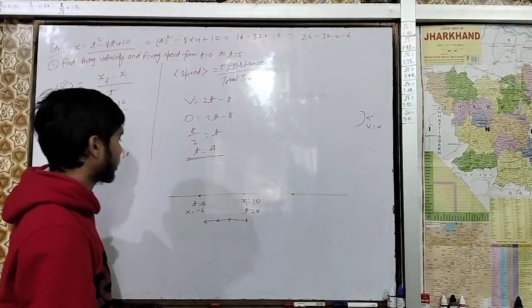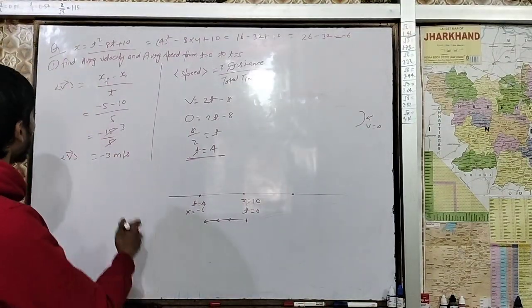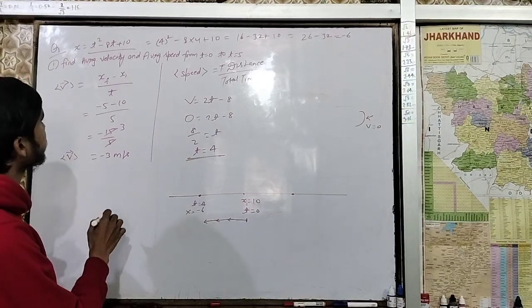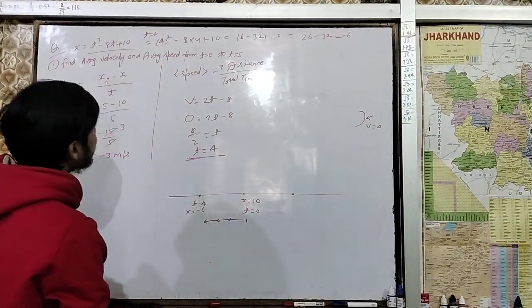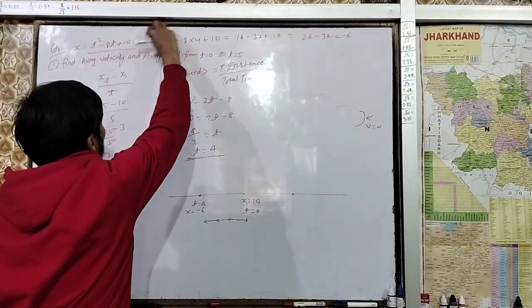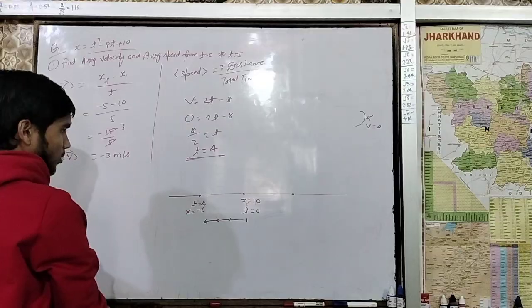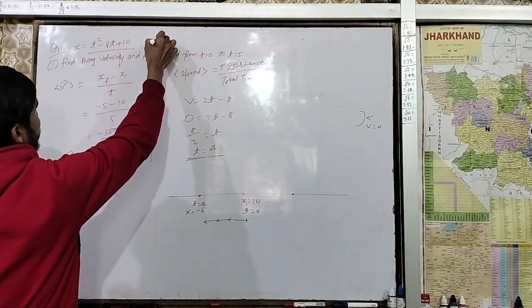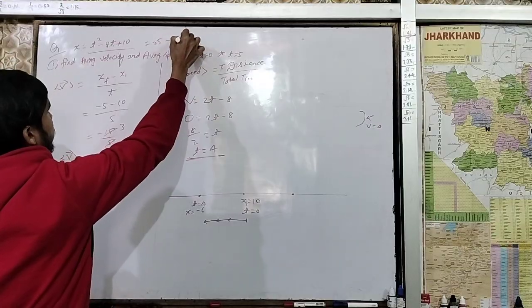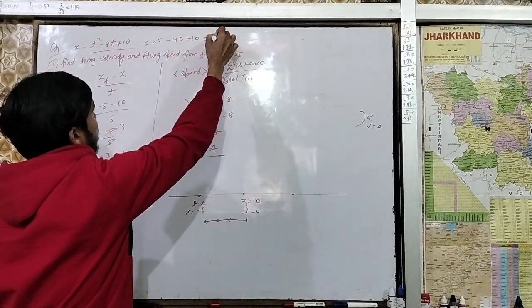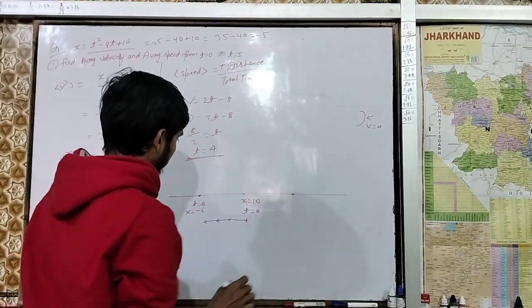And now finally our time is 5 seconds. T is 5. So 5 5s are 25 minus 40 plus 10. 25 plus 10 is 35, minus 40, minus 5.